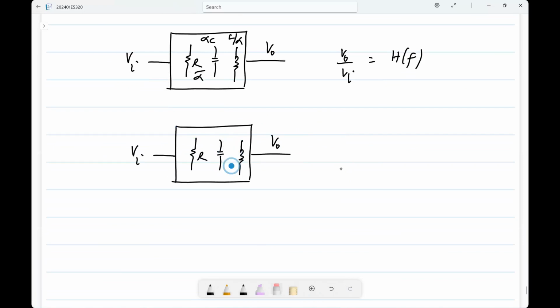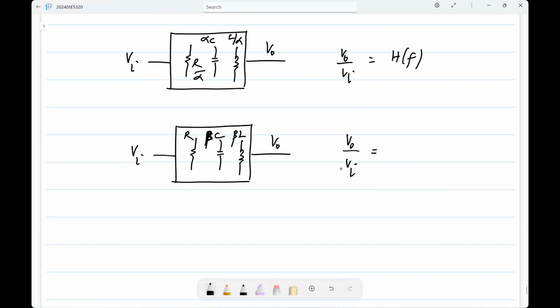If you have this, let me just avoid confusion. What happens in this case? What will be the transfer function? That's all I want to know.